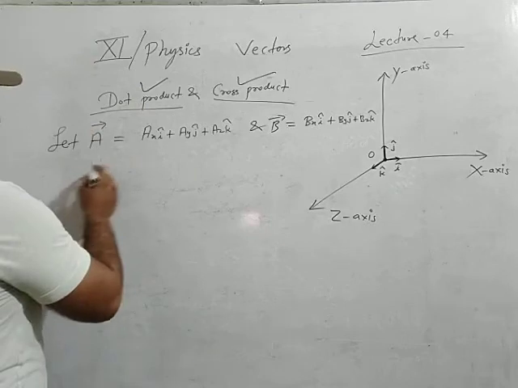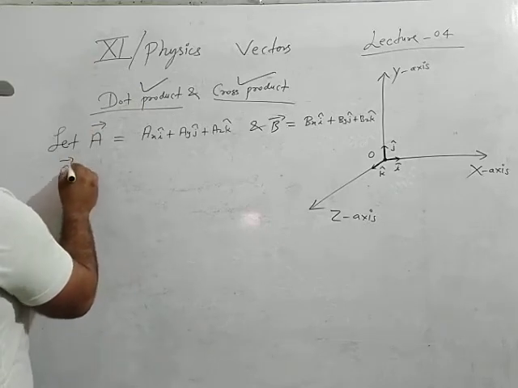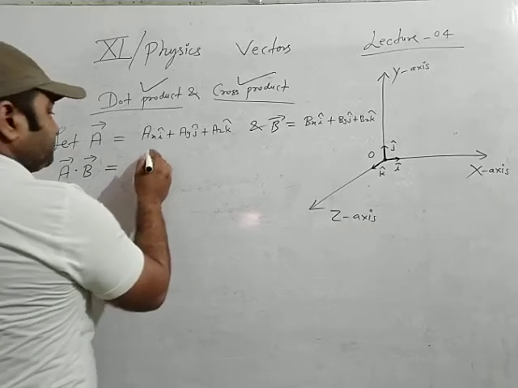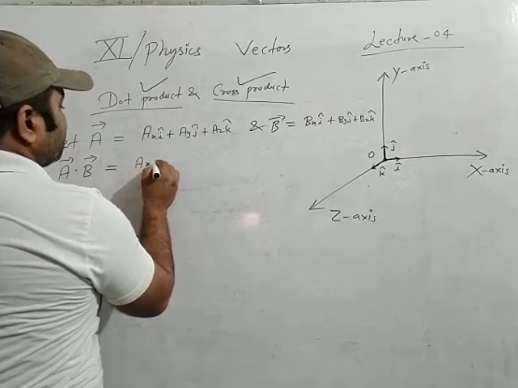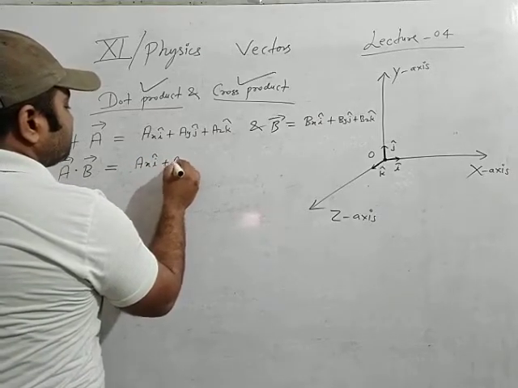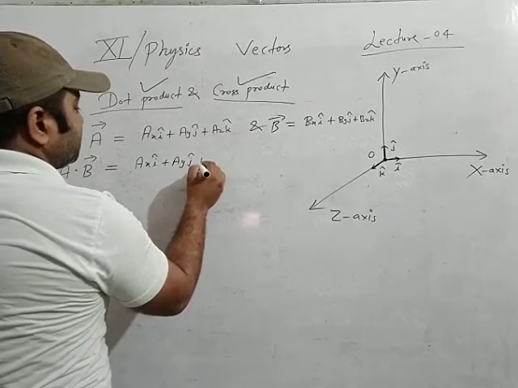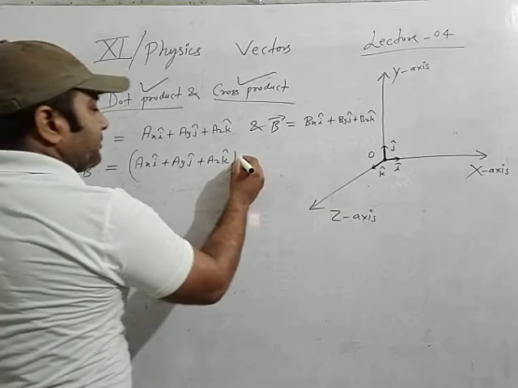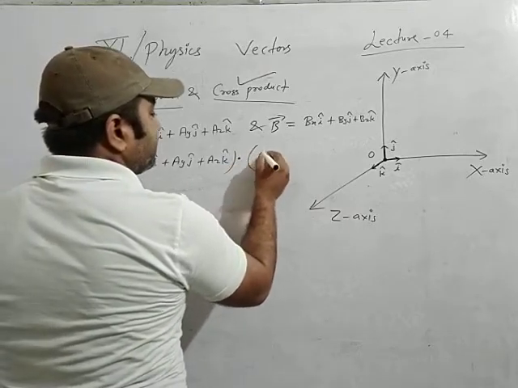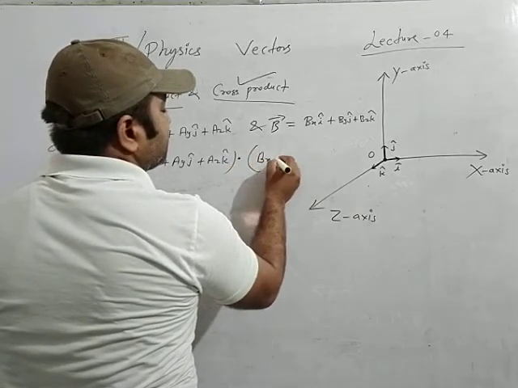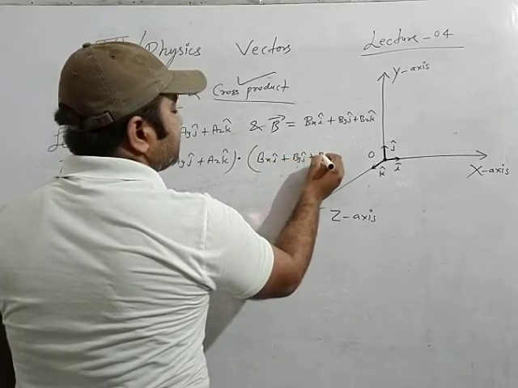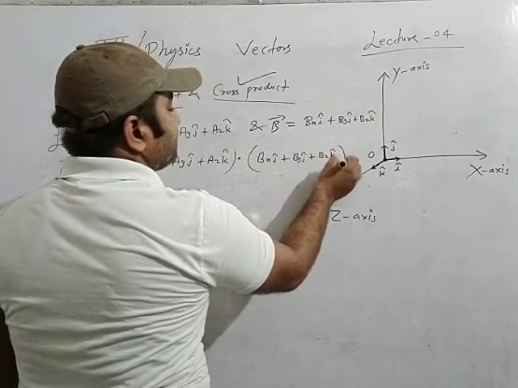Just say vector A dot vector B is equal to axi plus ayj plus azk dot bxi plus byj plus bzk.